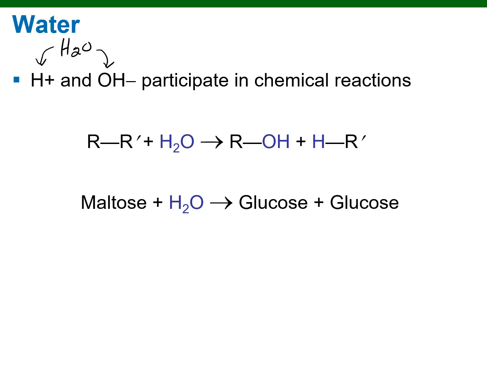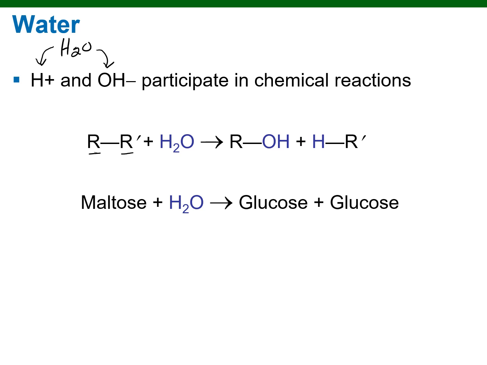So if you have R and R prime, and these two things are bound by a single covalent bond. R, by the way, stands for radical. It just means variable. Like this could be X and Y if you like. When water is put into a reaction here on the left, the OH could then be used to attach to R, and then the H attaches to R prime.